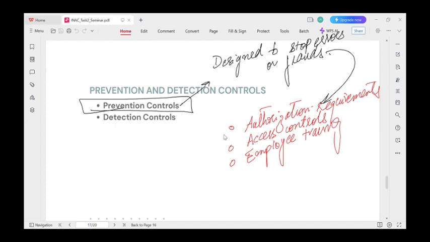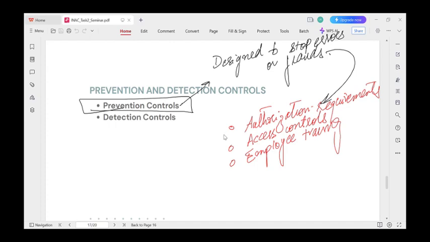So you have to think, if the tool is stopping the fraud from happening in the first place, it's a preventive tool. Okay, it's a prevention control. So examples are authorization requirements, access controls, employee training.